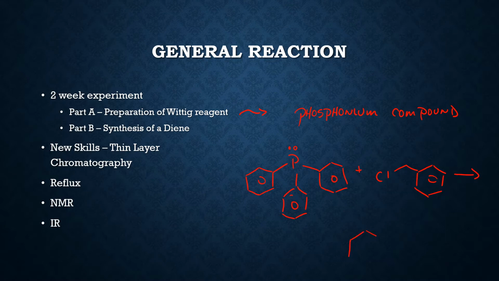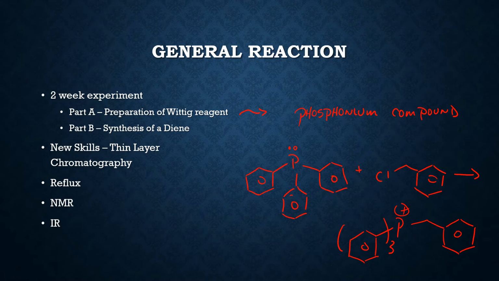So I'm going to abbreviate this here. We have 3 of our benzenes, and then we add our benzyl group on there. So, quaternary phosphonium. Remember, phosphorus is right underneath nitrogen on the periodic table, and so we have similar reactivity between phosphorus and nitrogen. In this case, we're going to quaternize that phosphorus compound to make the beginnings of our Wittig reagent. So that's the first thing that we're going to do.